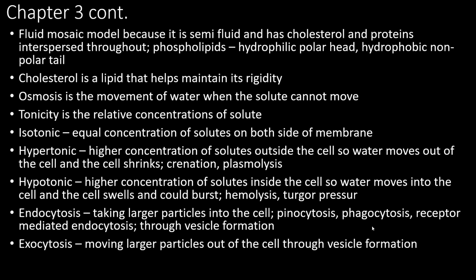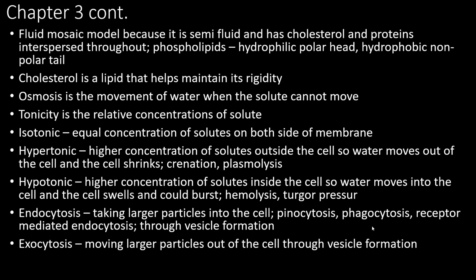Now, remember that the plasma membrane has what we call the fluid mosaic model. This is because it is kind of a semi-fluid. It's like an ocean of lipids, those phospholipids that have the head region with the two tails. The head is what we call hydrophilic, meaning it likes water, and the two tails are the nonpolar fatty tails. They are hydrophobic.